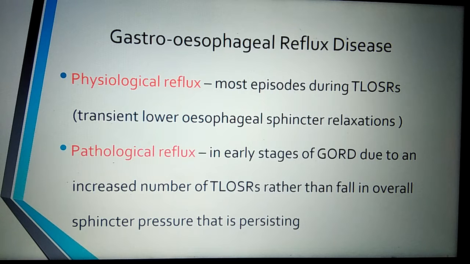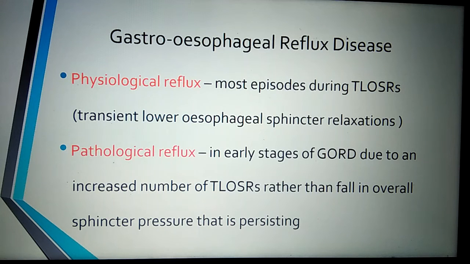Whereas in early stages of GORD, due to an increased number of TLOSRs, pathological reflux can occur in a mild form. Here, the fall in overall sphincter pressure that persists may not be a cause in the mild variety, the early stages of GORD.